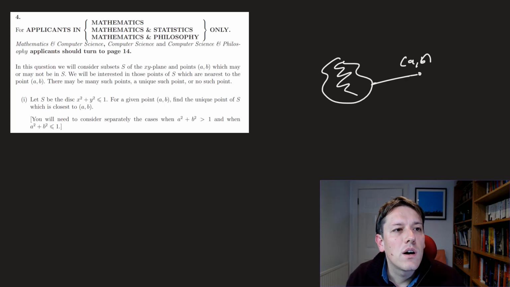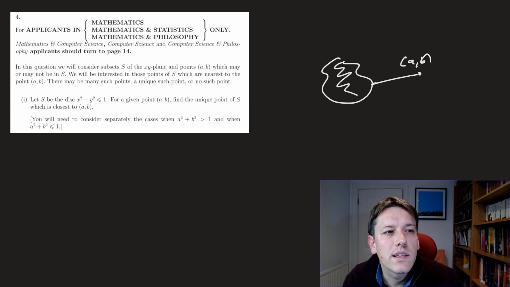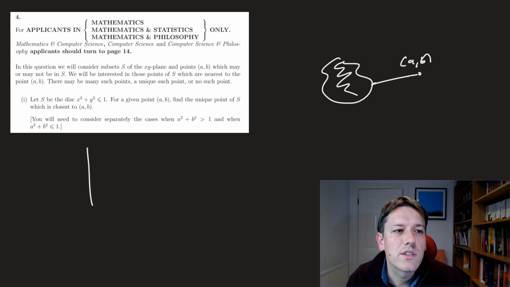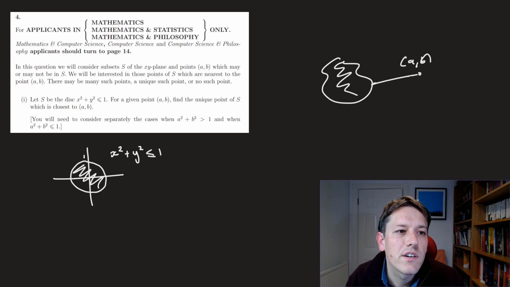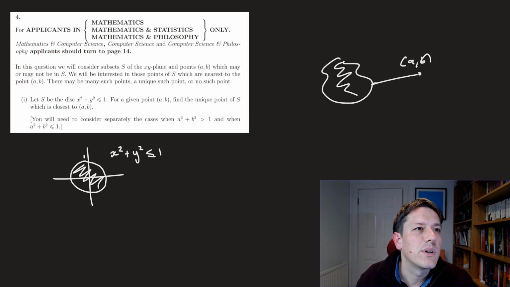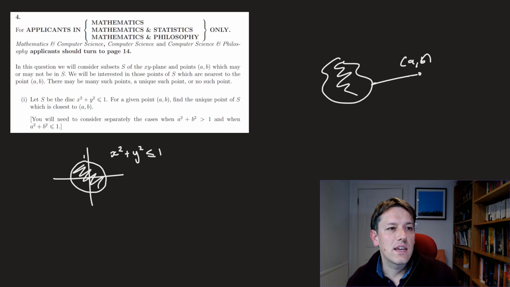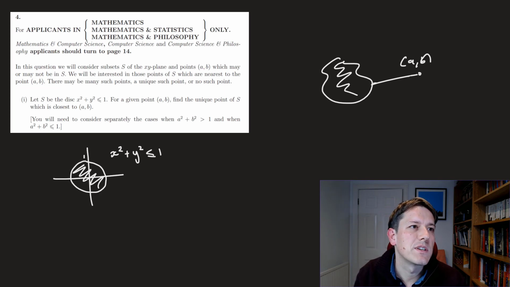So in part 1, let S be the disk x squared plus y squared is less than or equal to 1. So we've just got a circle with unit radius here, and S is the interior of that disk. For a given point (a, b), find the unique point of S that's closest to (a, b), and we have to consider these two cases carefully, where a squared plus b squared is greater than 1 and where a squared plus b squared is less than 1.